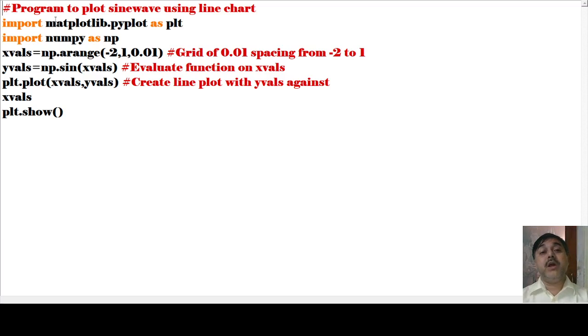Based on this scenario the work has been done. Then we have called np, that means numpy, dot sin. That means we are calling here the sine function of x value.